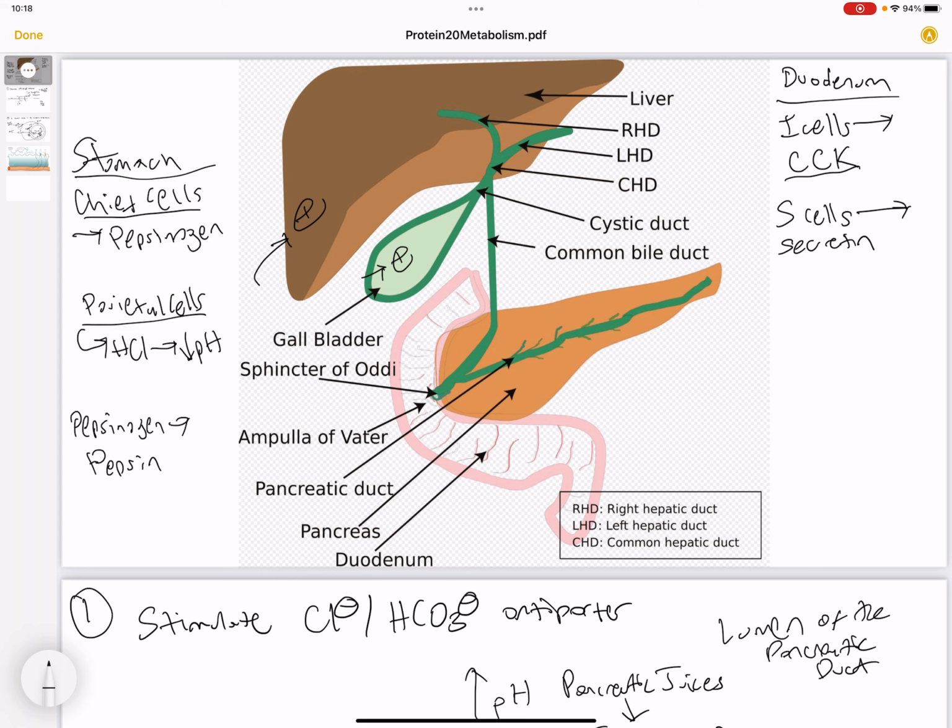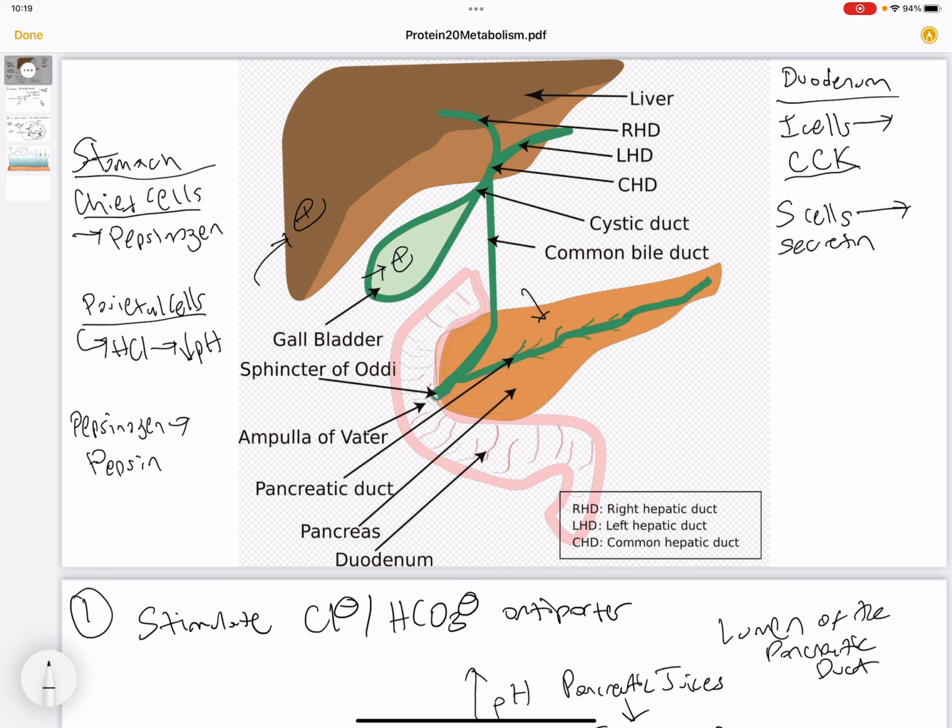Cholecystokinin also acts on the acinar cells found in our pancreas to release pancreatic juices. So we're going to contract the gallbladder to release bile, and we're also going to stimulate the acinar cells in our pancreas to release pancreatic juices.